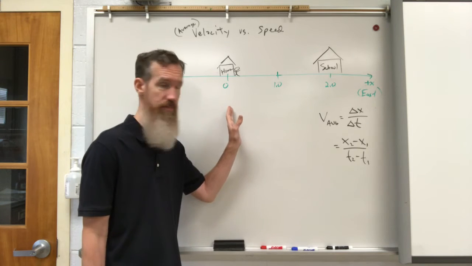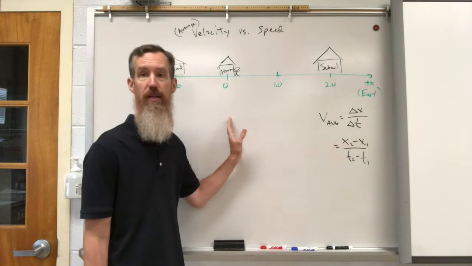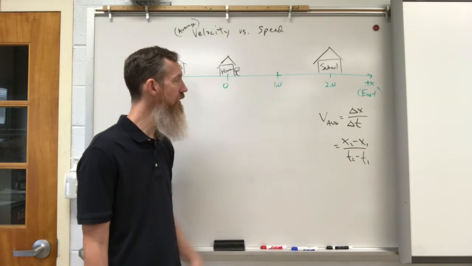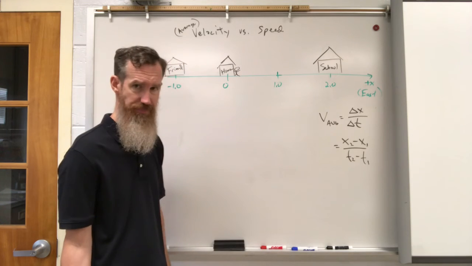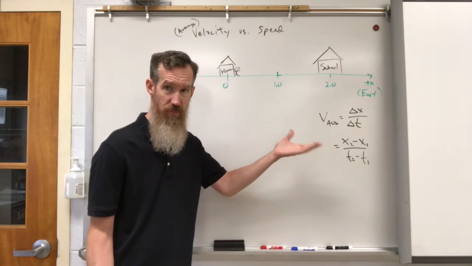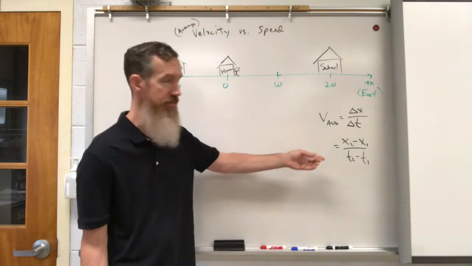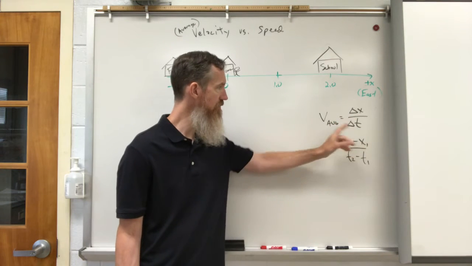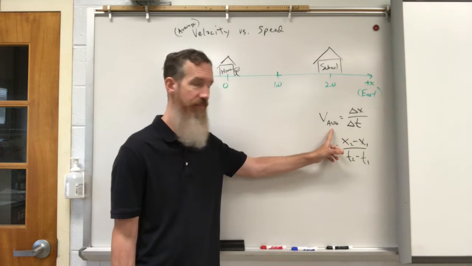You go more meters per second or more kilometers per hour. And that ratio of displacement over time, again, average velocity.